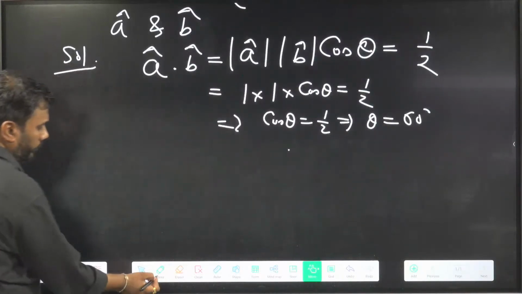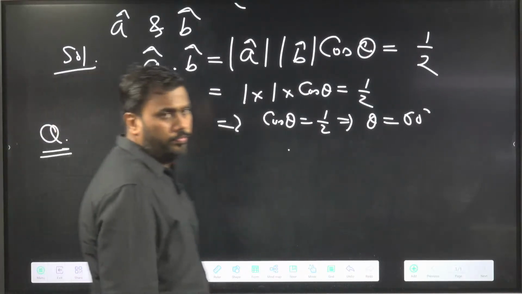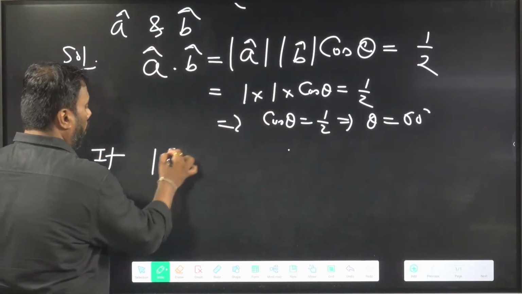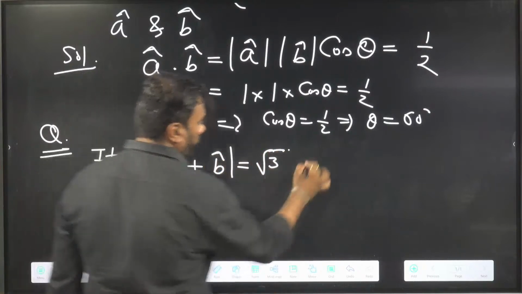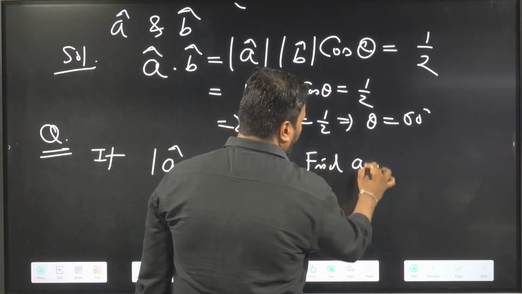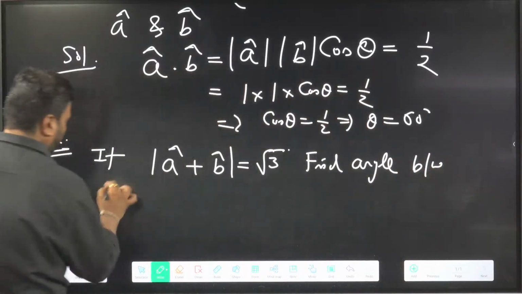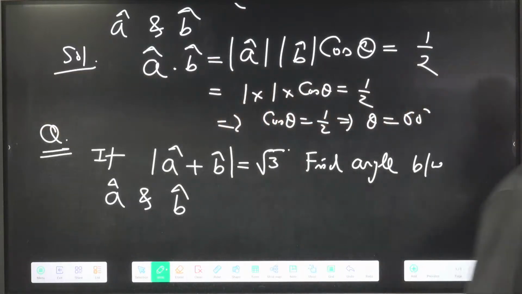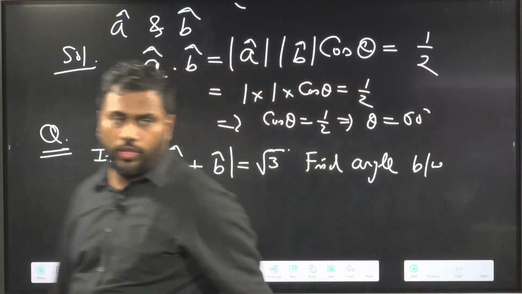Next question. If the mod of a cap plus b cap is root 3, find the angle between a cap and b cap. Try this question next. Mod of a cap plus b cap is root 3.